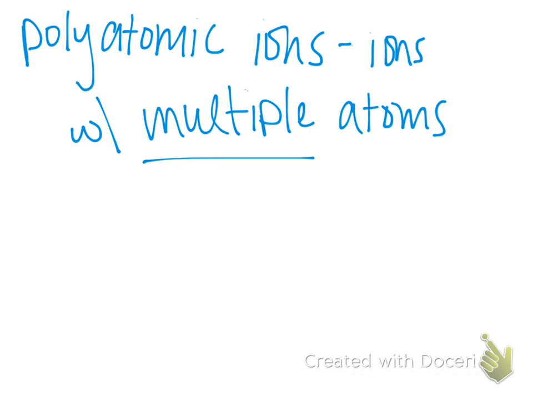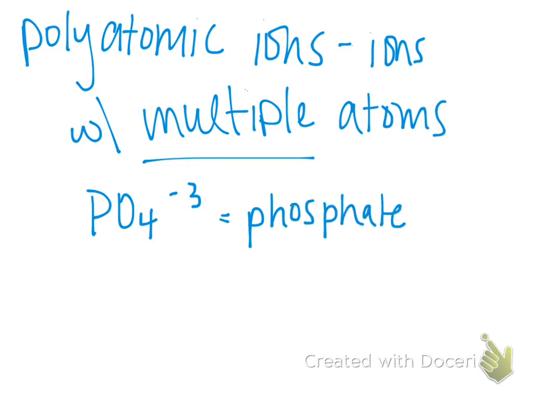And polyatomic ions have specific names, and you will have a job today of memorizing some polyatomic ions. Okay? So an example of a polyatomic ion would be PO4 minus 3. Okay? And this one, for example, is called phosphate.